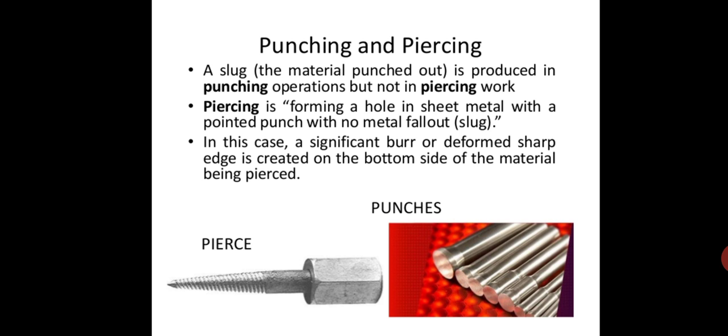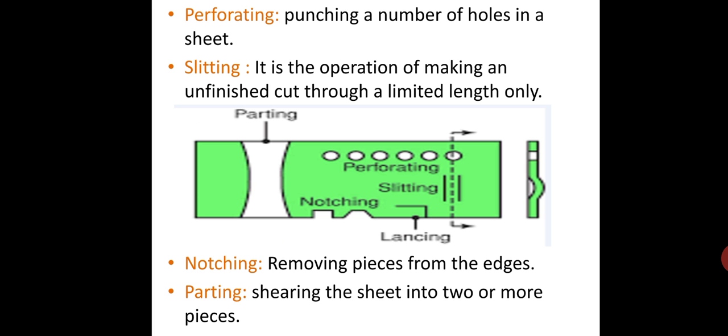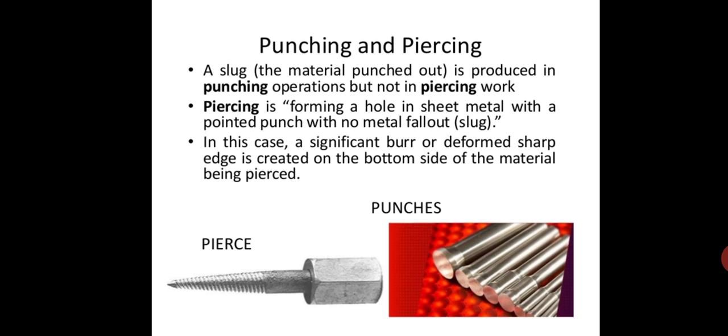And the next is the punching and piercing operations. A slug is produced in a punching operation but not in piercing.